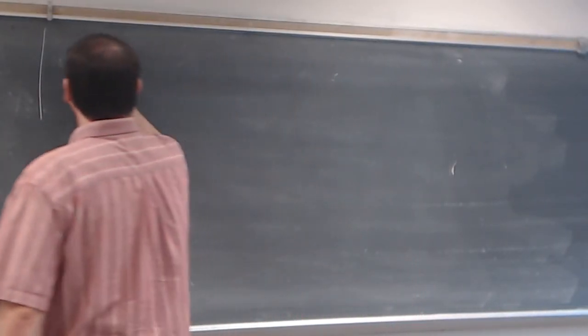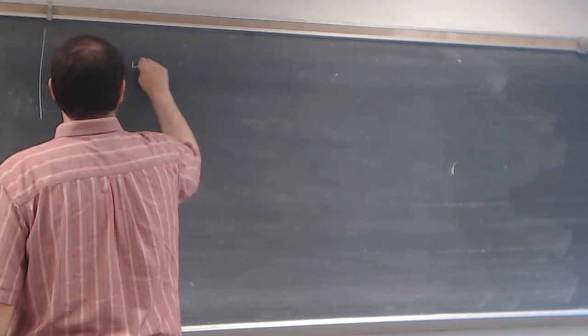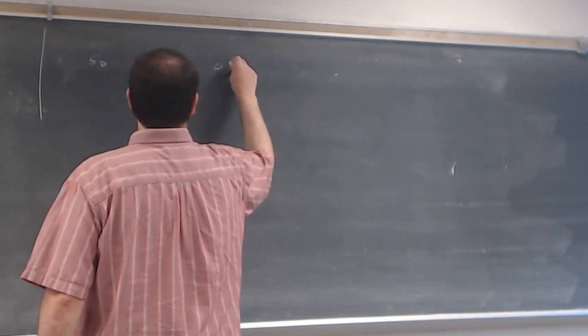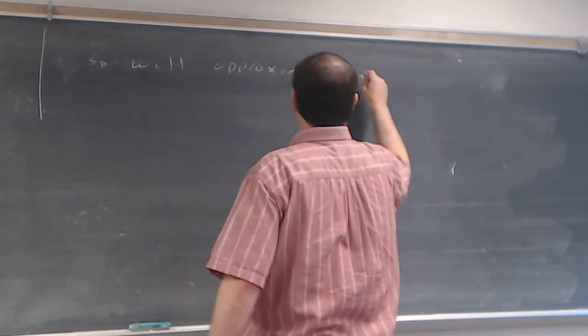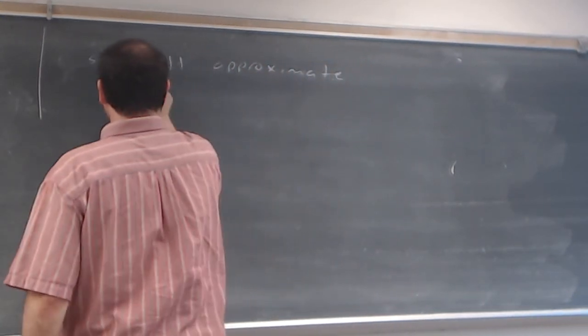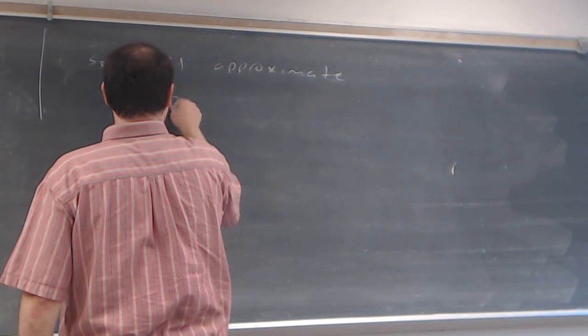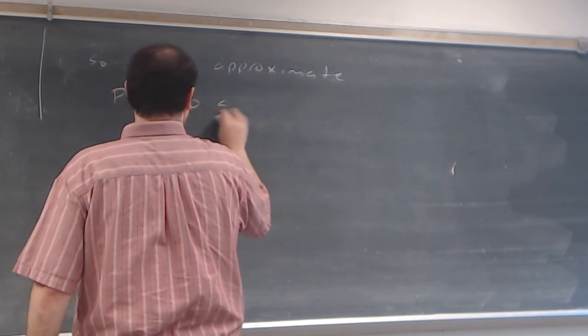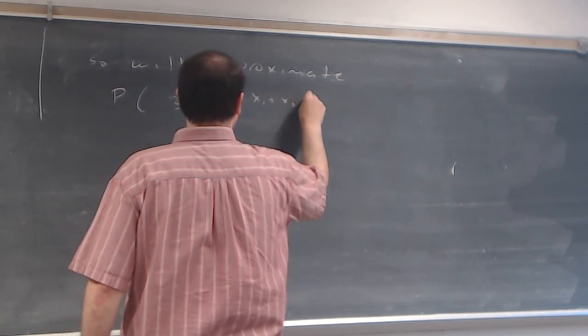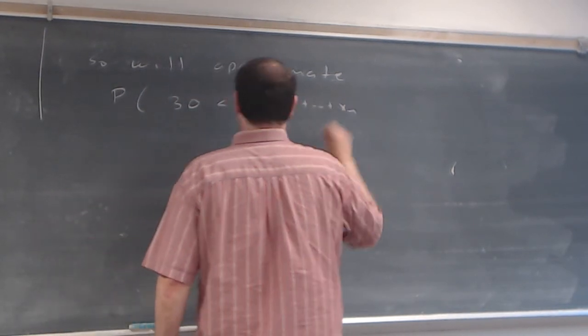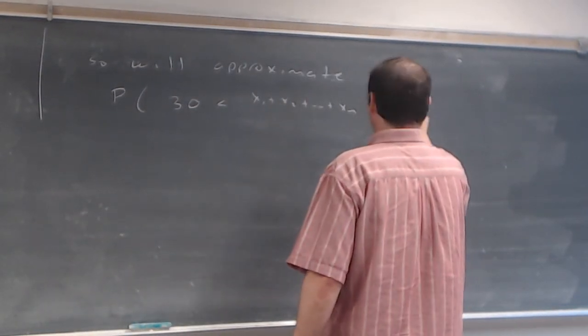Okay, so what were we asked to find? We will approximate the probability. This was our problem: the probability that 30 is less than x of 1 plus x of 2 all the way up to plus x of n, which is less than 40.